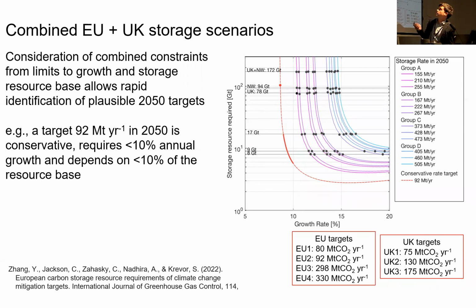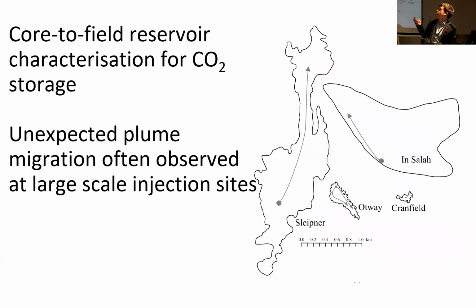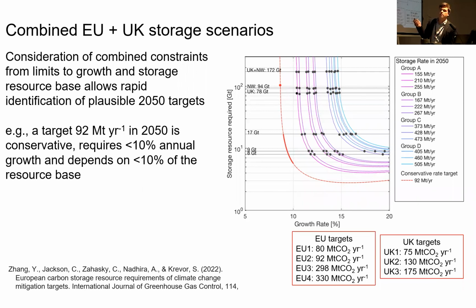What we have on the vertical axis is the storage resource in the region, and you can very rapidly identify, for example, an ultra-conservative scenario in which we've said, well, let's depend on rates of growth sustained over 20 years that are less than 10%, and let's depend on less than 10% of the already assessed storage resource base.